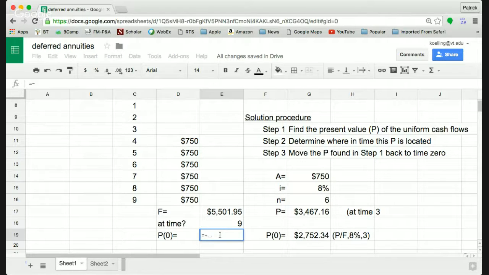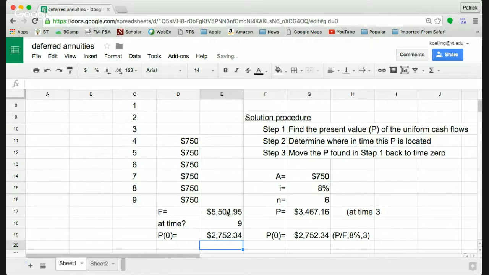Equal negative PV, interest, years, 9. The next argument is a uniform series. We don't have that. We just have a single cash flow, a single future cash flow. There we go.